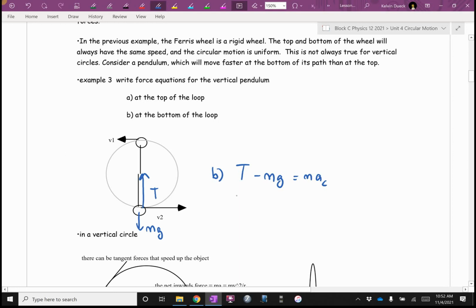Which can either be modified into T minus mg equals mv squared over r, or T minus mg equals m4 pi squared r over t squared. And this is the unfortunate yucky equation where I'm a bad teacher, because that t is tension and that t is the period, how long to go around once, and I apologize.